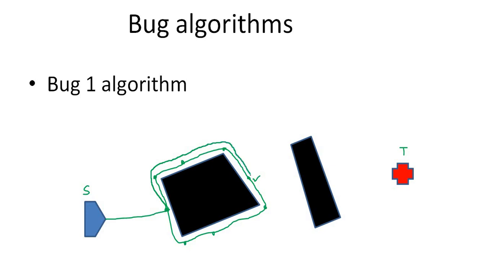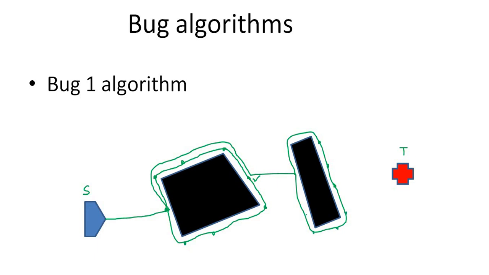and from this point the robot will start moving toward the goal. Then it hits the obstacle again, and then it starts following the obstacle again. And then it comes back to this point, and here it again calculates which point is closer to the target.